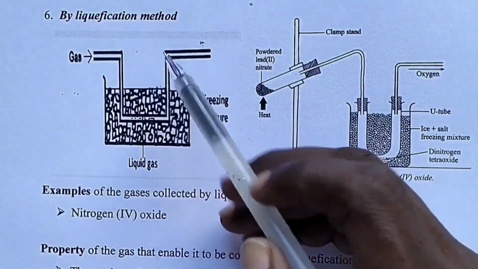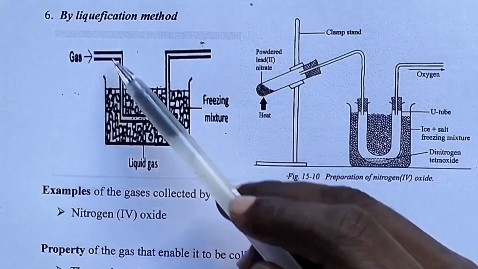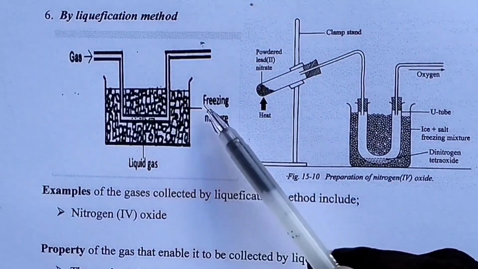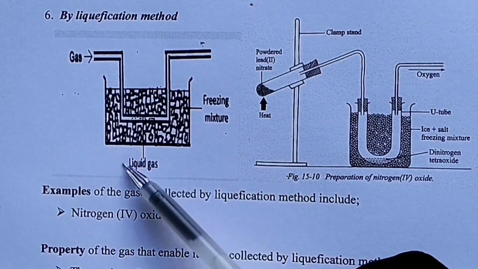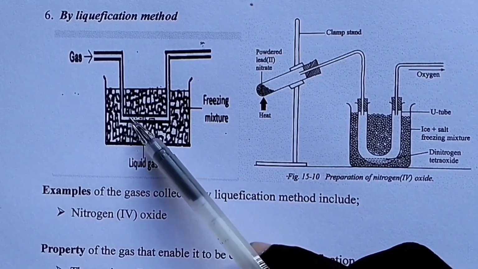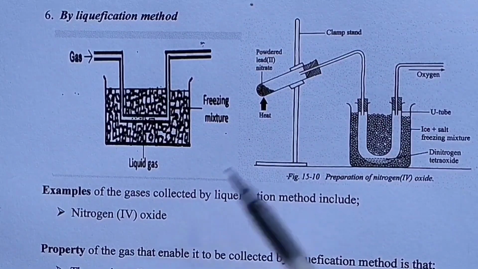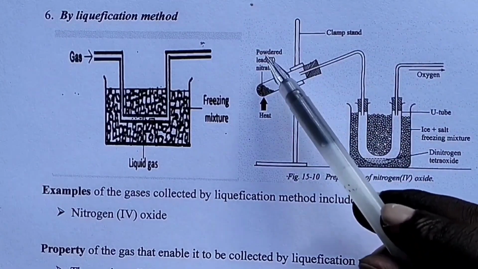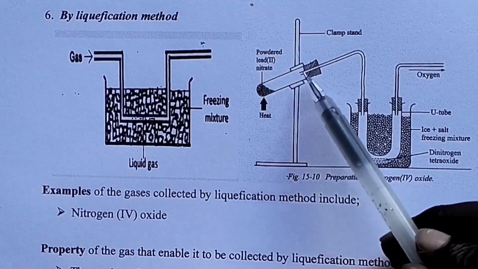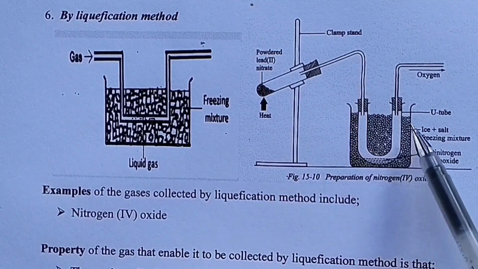So we have the gas, and that gas is liquefied in a freezing mixture, and we have the liquid gas here. It's collected in this tube. So we are having nitrogen peroxide, which is collected by this method. Here we are having powdered lead nitrate. When heated, it forms nitrogen peroxide and oxygen gas as gaseous products.